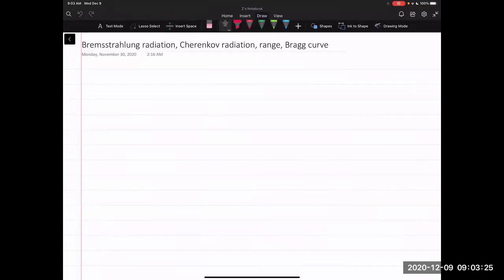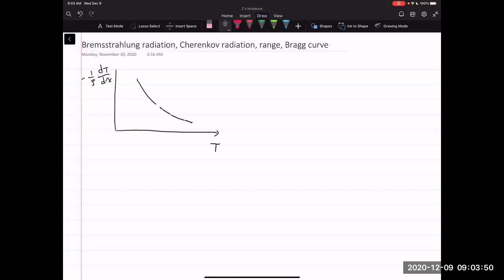The typical behavior of the stopping power, let me redraw that again, has this 1 over T shape. Usually we plot the stopping power normalized by the density of the material, 1 over rho.